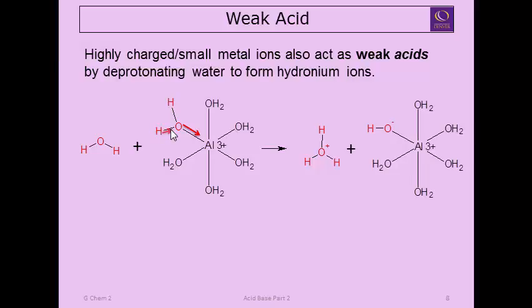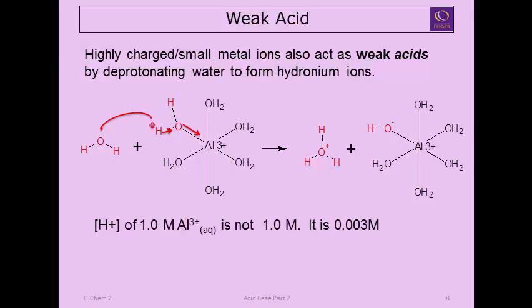Consequently, that hydrogen becomes more positive, more like a hydronium ion, and it can jump off onto the water and create H3O. So these are slightly weakly acidic solutions: small, highly charged metal ions.